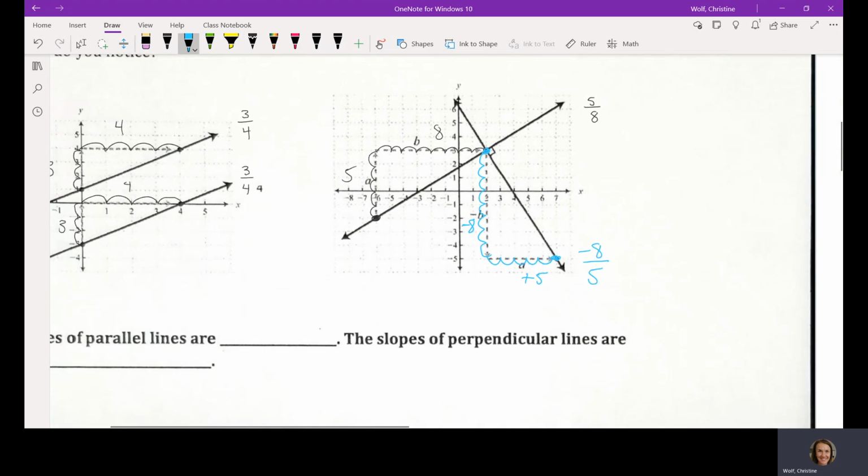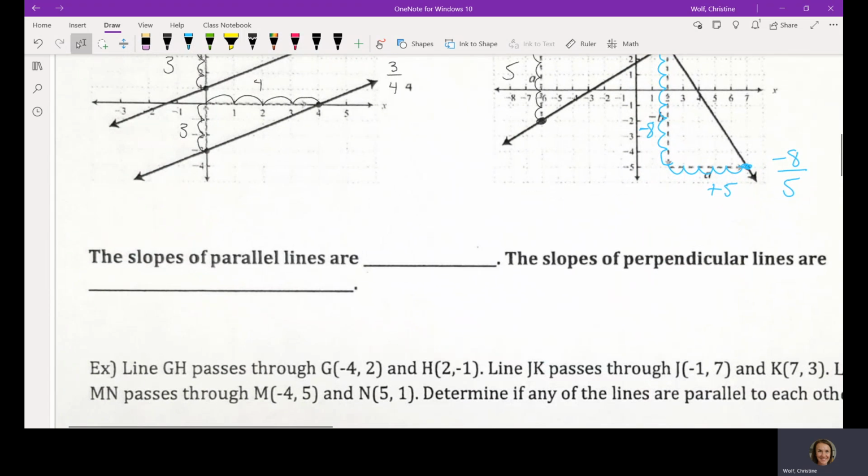Okay? So we just discovered that the slopes of parallel lines are equal. And the slopes of perpendicular lines are opposite, and that takes care of the symbol part.